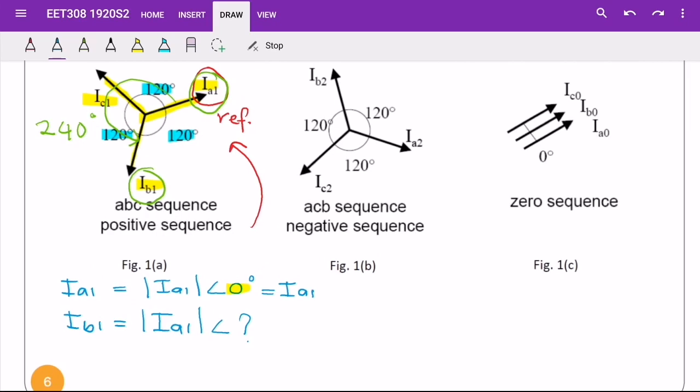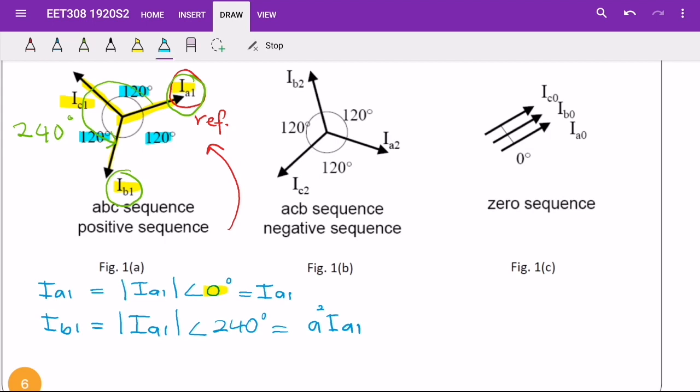So we can write the IB1 equation as magnitude IA1 with phase angle 240 degrees. Or we can rewrite this equation using the operator a identities. So the equation becomes a to the power of 2 times IA1.